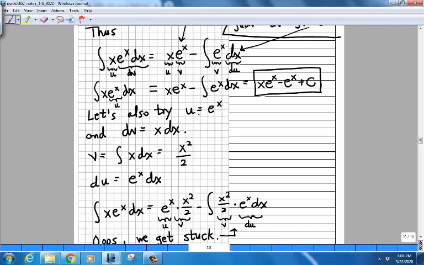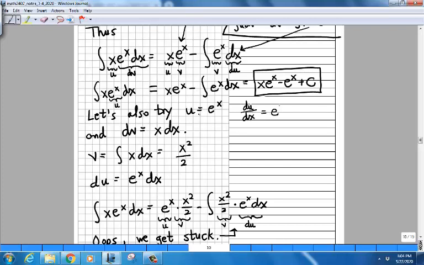Let's see now if this is going to work. Is u easy to differentiate? Remember, you want the derivative of u to be no more complicated than u. If you take the derivative of u with respect to x, what's the derivative of e to the x?